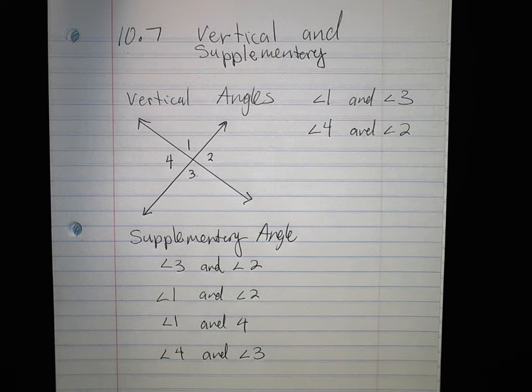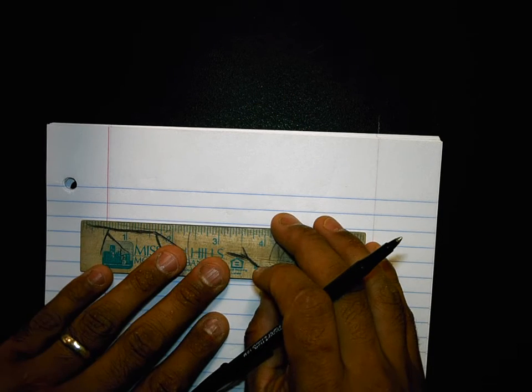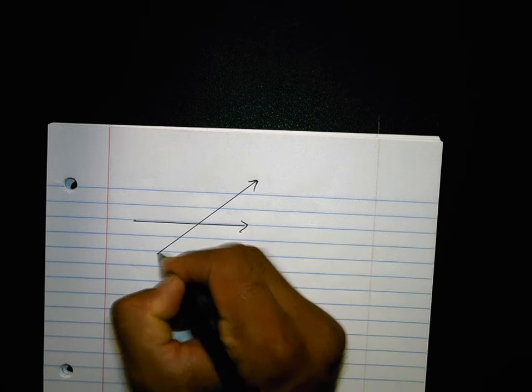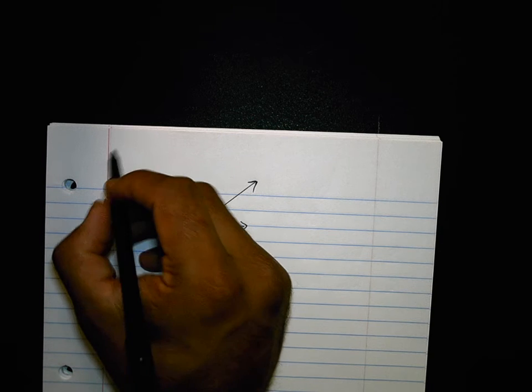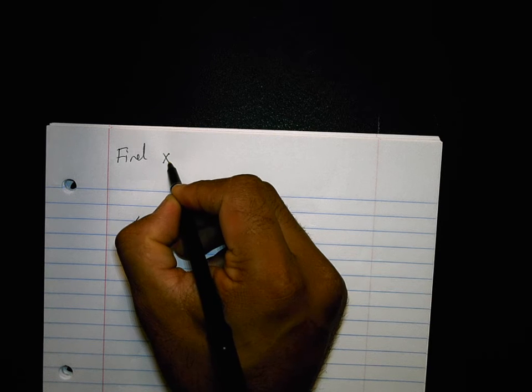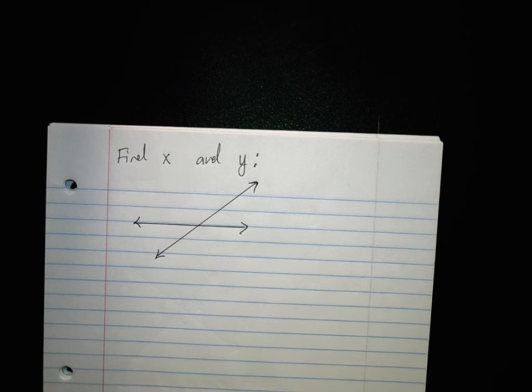Okay. So using these angle pairs, let's look at some examples. If I had something like this, two intersecting lines, my directions are to find x and y, if there is one of each.